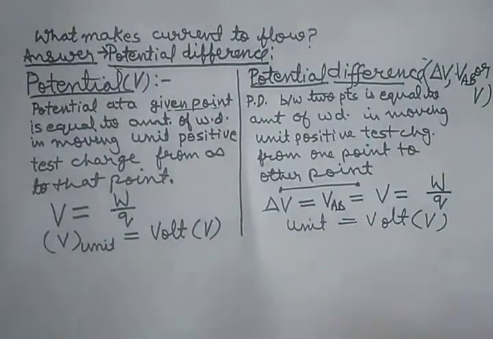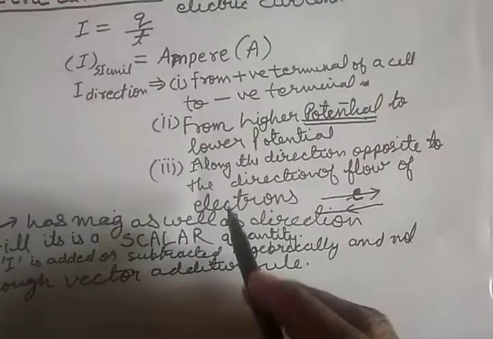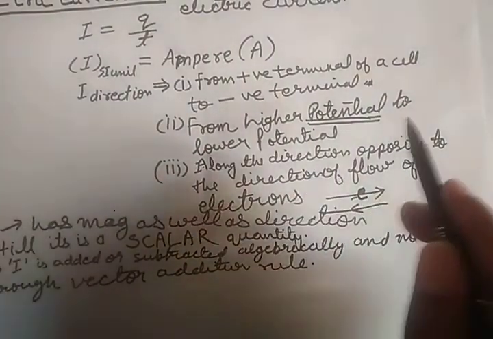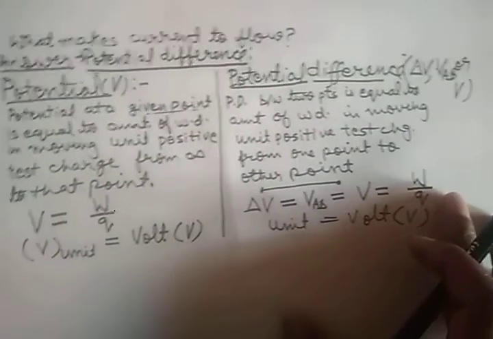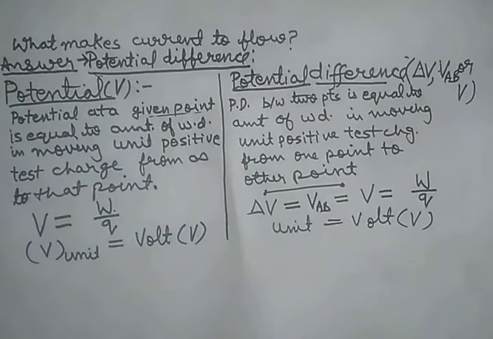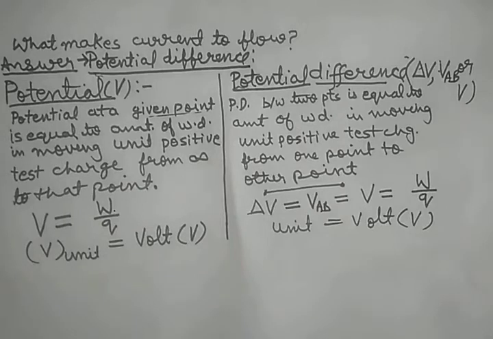As I told you earlier when I discussed current, the direction of current flow is from higher potential to lower potential. So if we are able to find potential difference, we are able to distinguish higher potential and lower potential, so we can assign the direction of current flow from higher potential to lower potential.